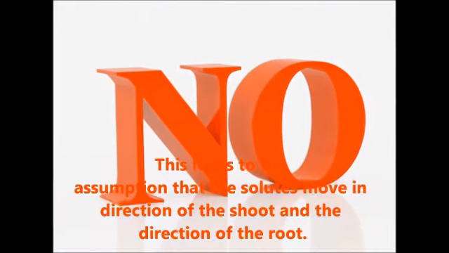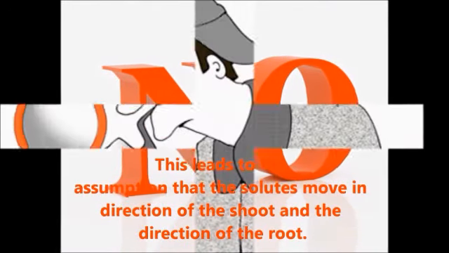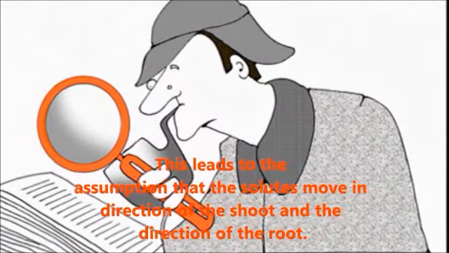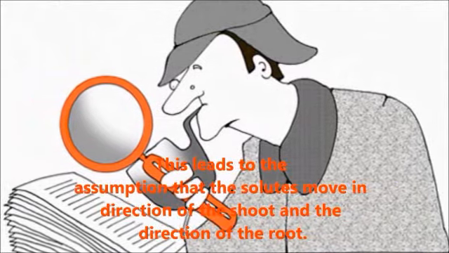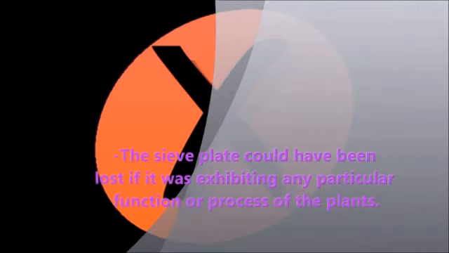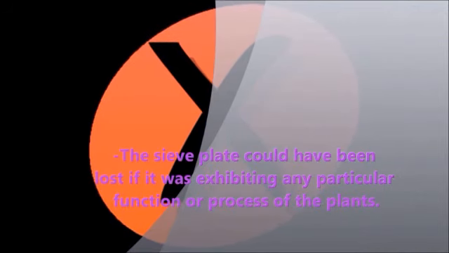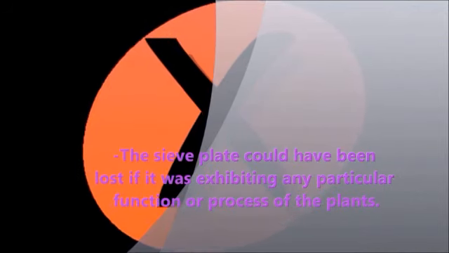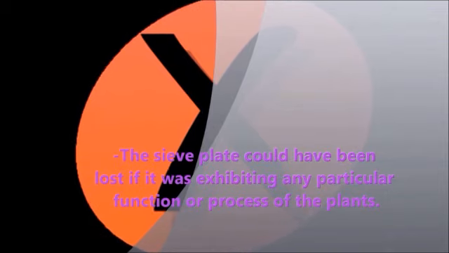This leads to the assumption that the solutes move in the direction of the shoot and the direction of the root. The sieve plate could have been lost if it was not exhibiting any particular function in the plant.